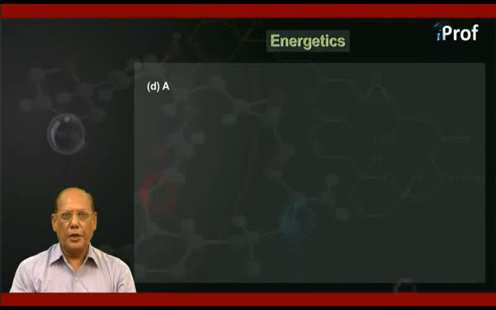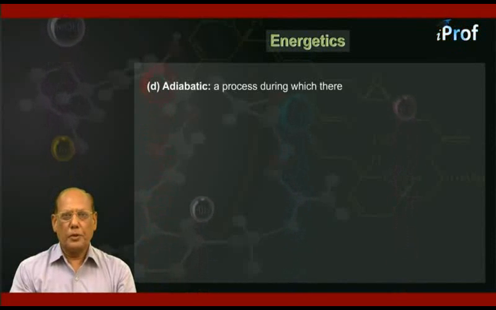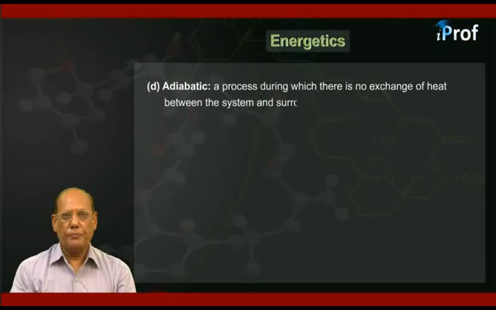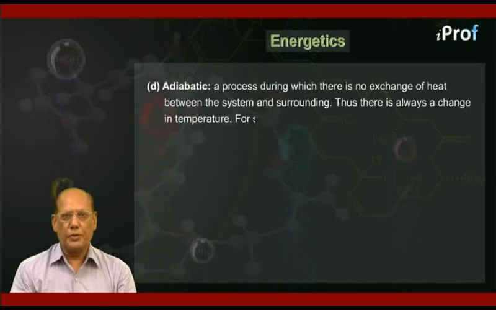D. Adiabatic, a process during which there is no exchange of heat between the system and the surrounding. Thus there is always a change in temperature. For such a process, Q is equal to 0.